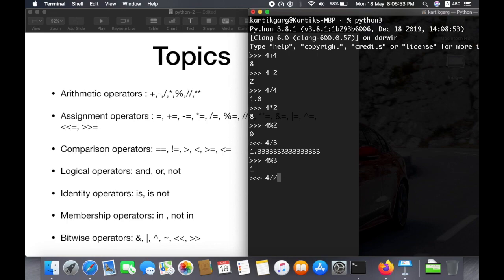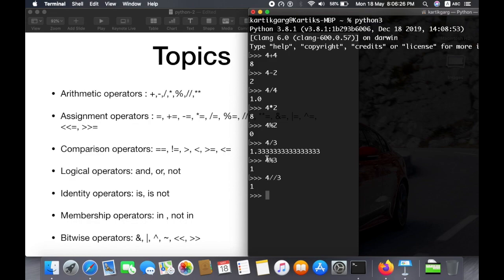Floor will simply give me the integer, that is not a fractional number, that is the natural number, like this one. 4 floor division 3 gives me 1. Actually, floor removes the fractional part of any number. So by removing the fractional part, we get 1 from 1.33.